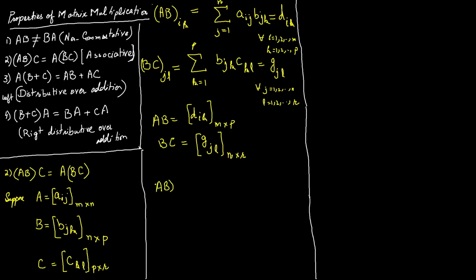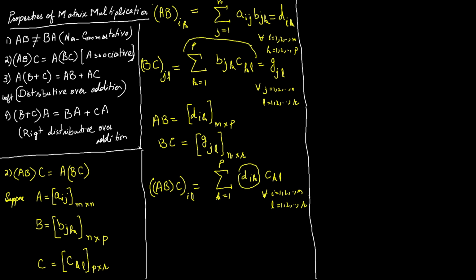Let us now calculate the element at row i and column l of the matrix AB multiplied with C. It is summation k is from 1 to p d_ik c_kl. Replace d_ik with the summation j is from 1 to n a_ij b_jk.